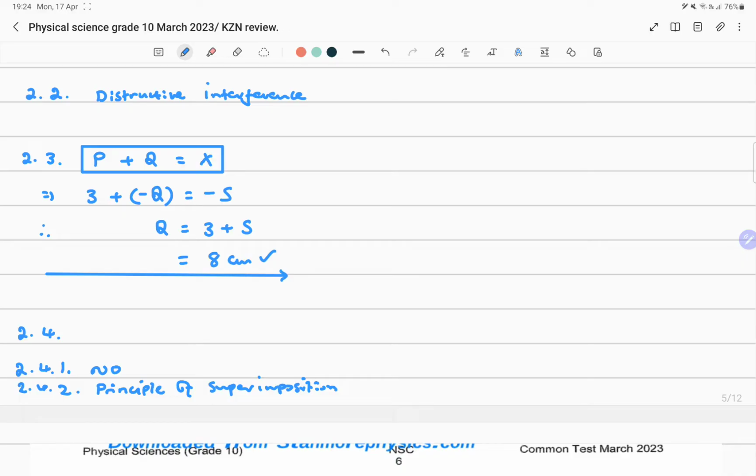Okay, let's try again. It says now in all linear systems, the resultant reaction to 2 or more different pulses would be the sum of the individual pulses acting alone.